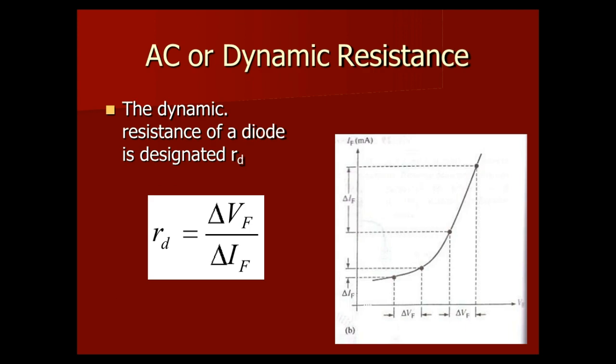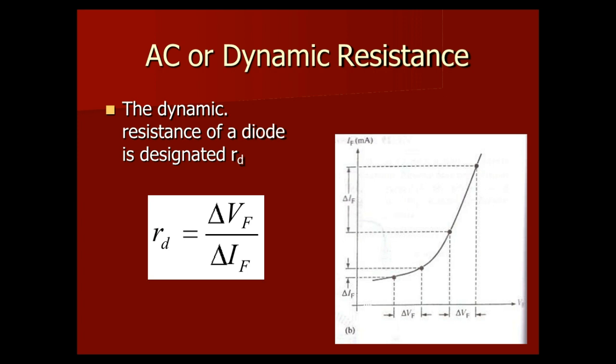But there is something called AC or dynamic resistance, and this will be found using the formula RD equal to del VF divided by del IF. Del VF represents the change in the forward voltage with respect to the change in the forward current. Now you can see the forward bias plot. From one point to another point, the forward voltage is getting increased.